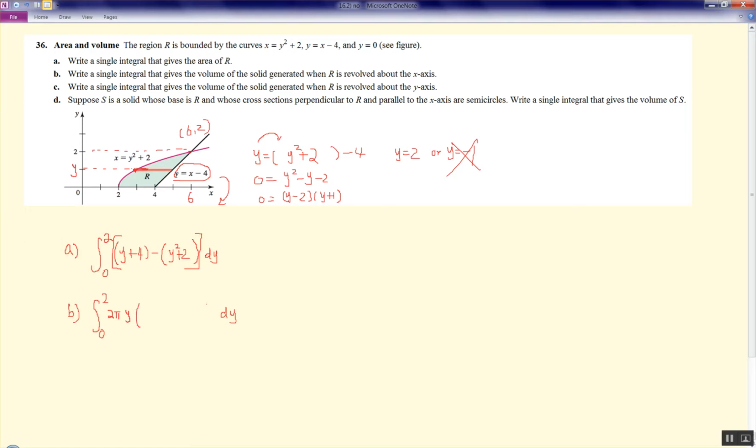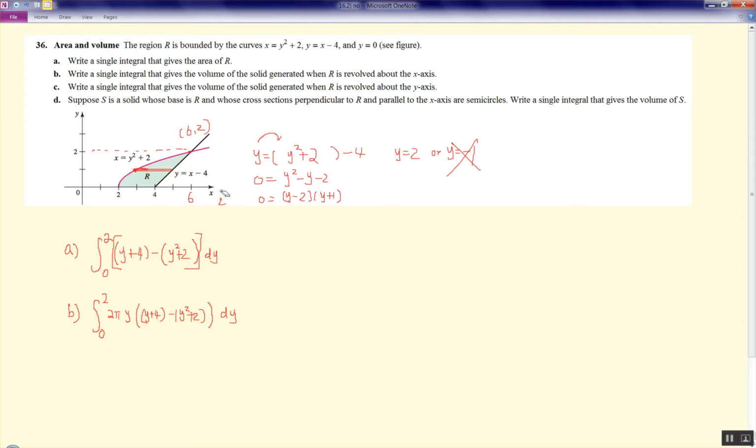And then times the height of the cylindrical shell, which is y plus 4 minus y squared plus 2, for the same reason as the previous one. So that's a quick setup.